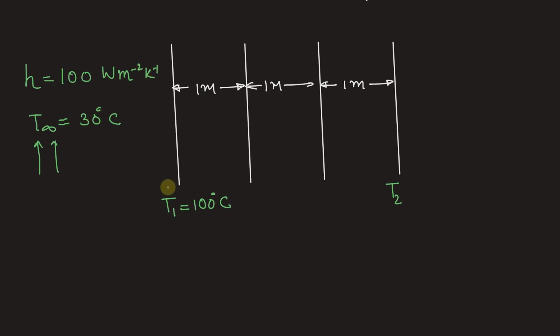So this is the left extreme face and this T2 is at the right extreme face. Also the heat generated in the central wall, let's write Q dot generated, is equal to 10,000 watt per meter cube. Also the thermal conductivity k of each wall is given as 5 watt per meter per Kelvin.